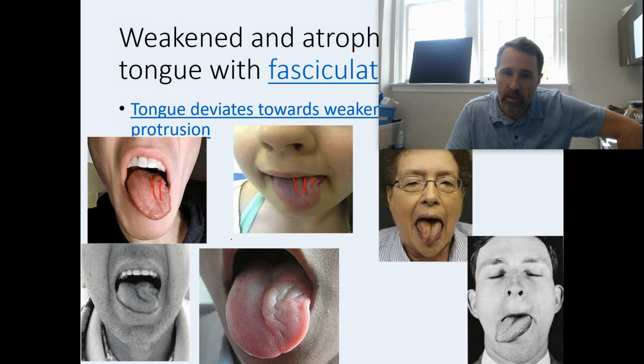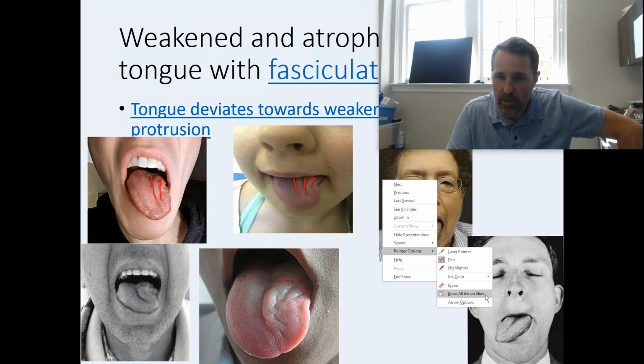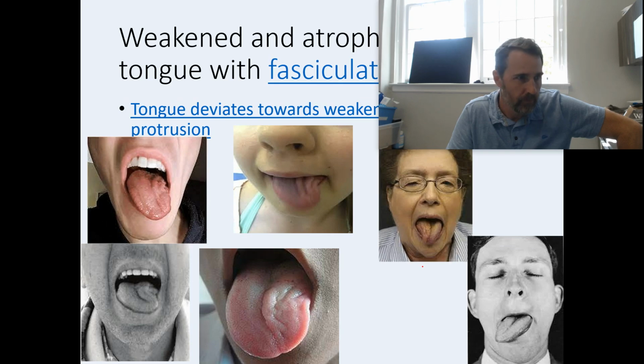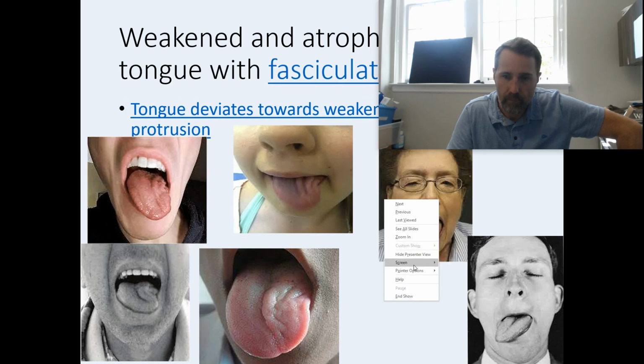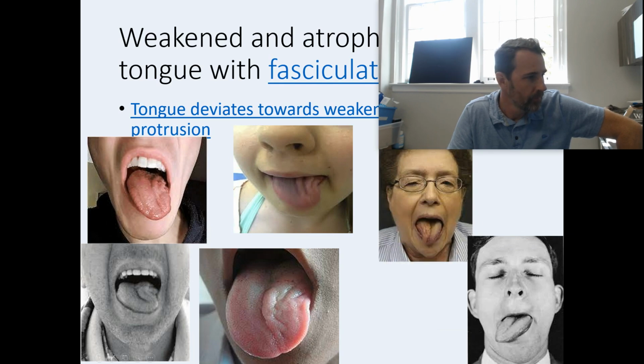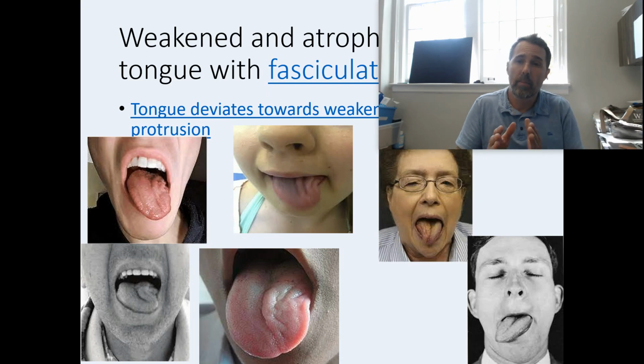And also when you look at the tongue, there will be fasciculations. So remember that with a lower motor neuron lesion, upon extension, the tongue will deviate towards the weakened side.